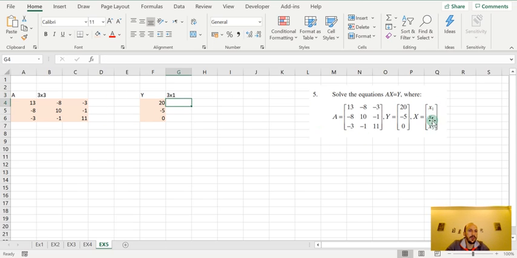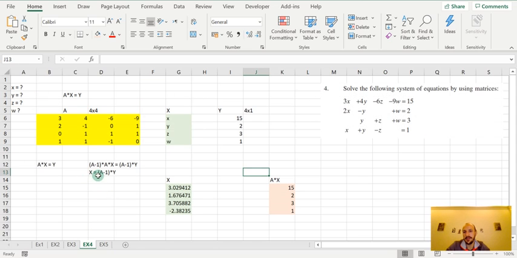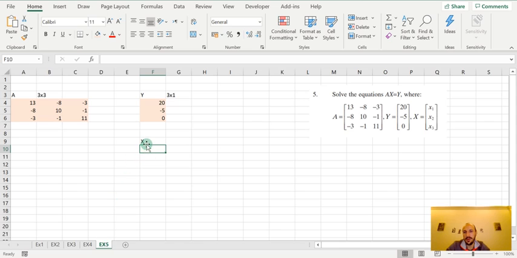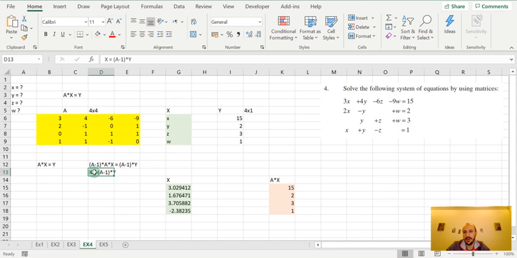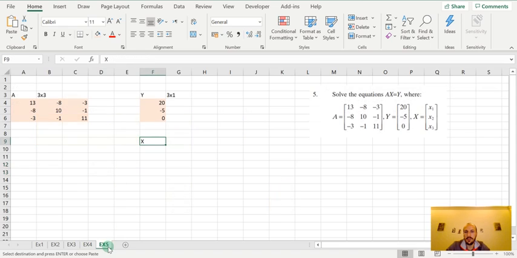So normally we want to find X, and X is the result of AX equals Y. Again, if we multiply A minus 1 on both the left and right sides, X equals A minus 1 times Y, sorry.